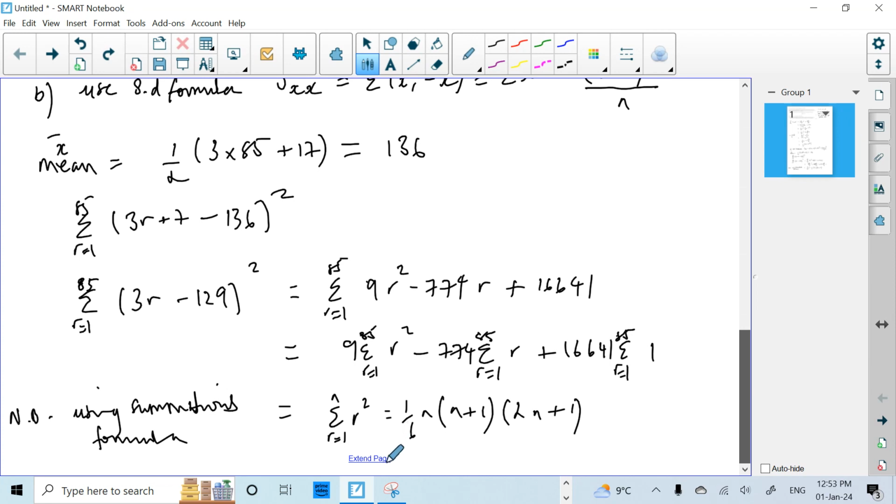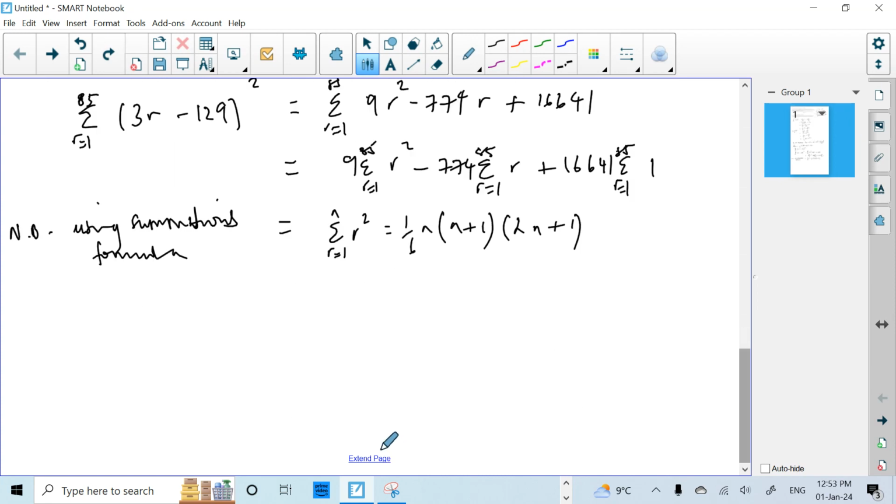And if we use that and we write out what we're doing, going back to this point here, we've got 9 times one sixth, brackets 85 times 86, because n plus 1 is 86, and then times 2 times 85 plus 1.